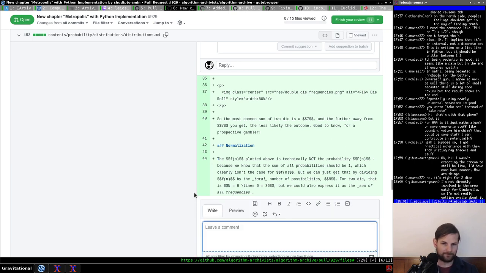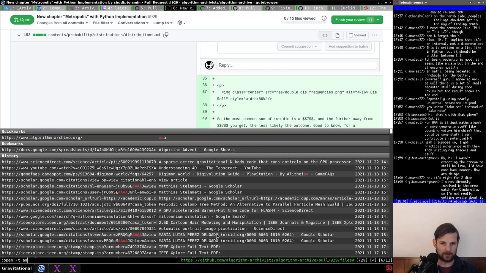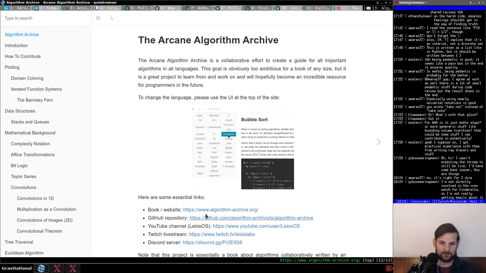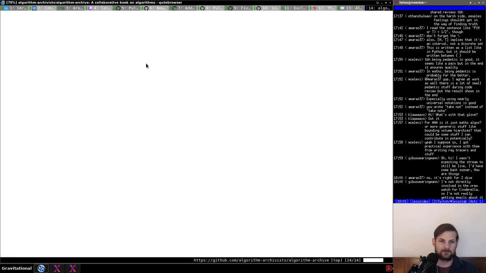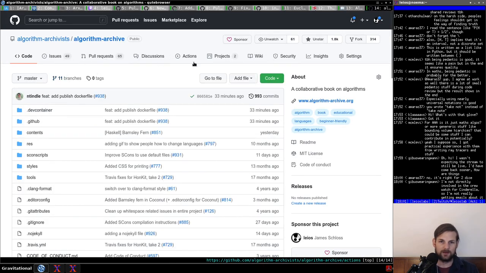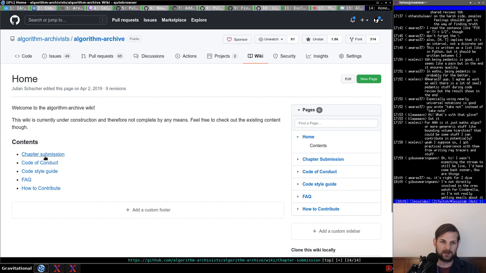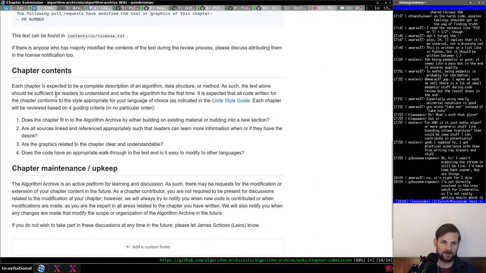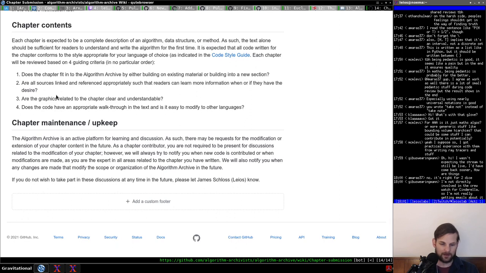Yeah. So here's. Wait one second. Now there should be, in the how to contribute guide, let me just check really quick. I'm pretty sure the how to contribute guide has a very clear... GitHub repository. Let's go to the how to contribute guide, then the chapter submission, and it should say somewhere about chapter contents, chapter maintenance and upkeep.